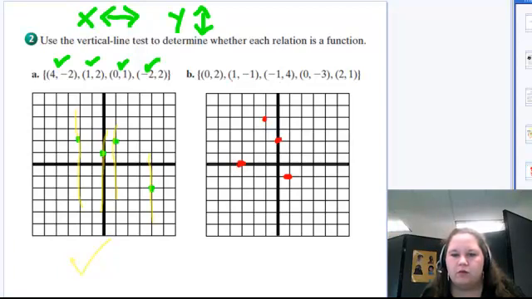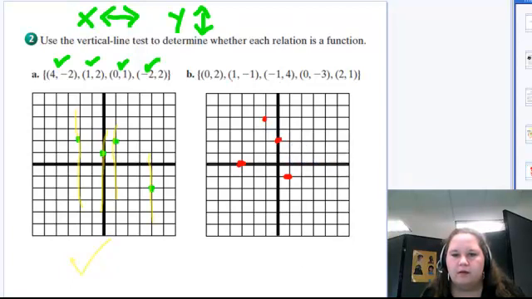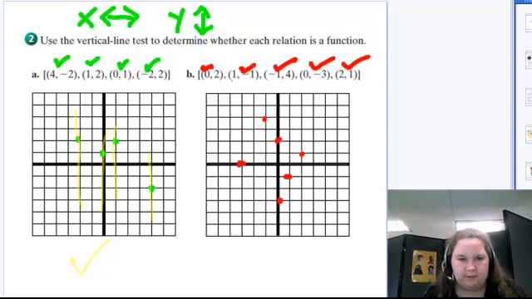And (2, 1). I can't get my thing to write. (2, 1). As you can see, I left out my (0, -3). That's why I was putting check marks on all of them on the left side, because if I don't, I forget one, just like I did right then.